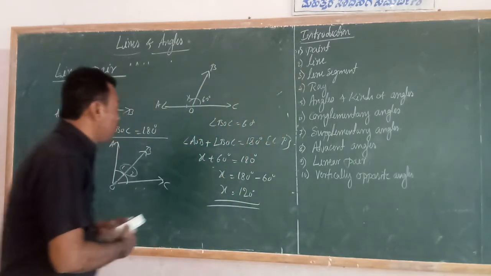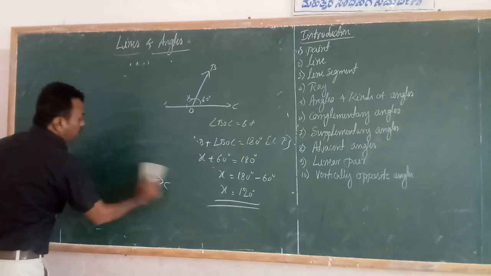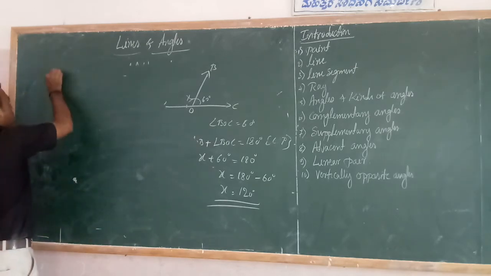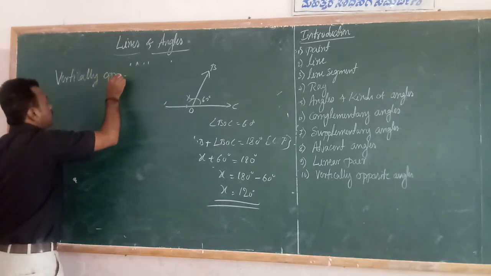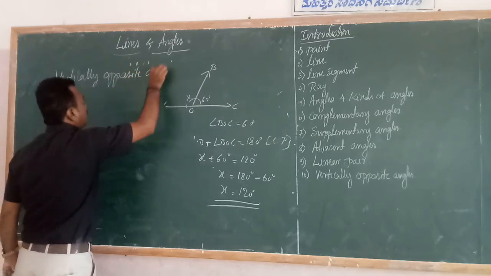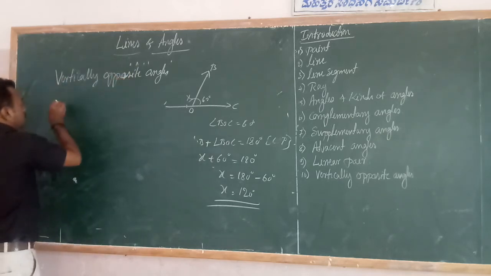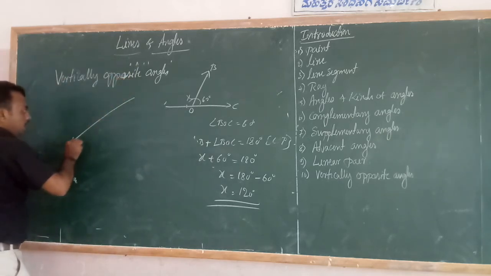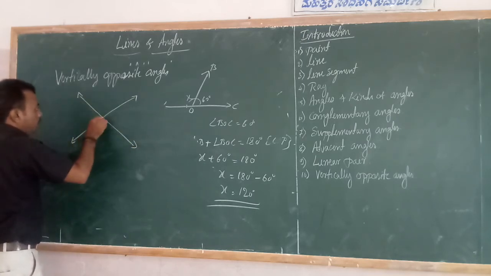The last one, friends, vertically opposite angles. What do you mean by vertically opposite angles? See, friends, take any two lines, they intersect at one point.